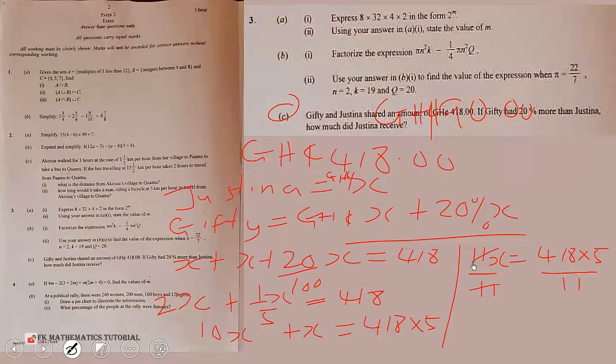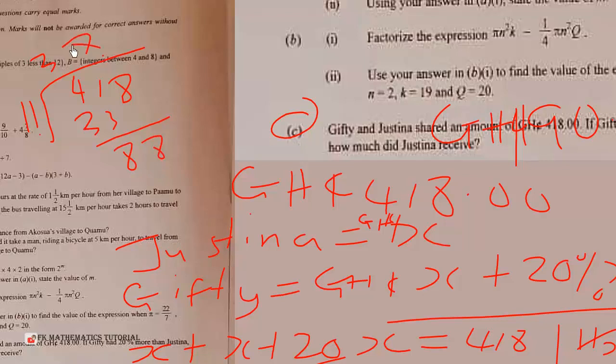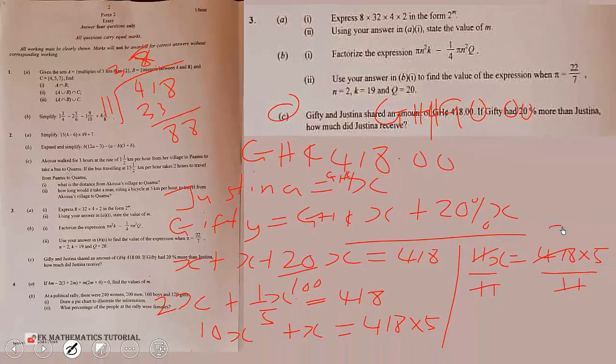Now let's quickly do some small division here. I have 418. I want to divide it by 11. So 11 will go into 41 3 times. 11 3s are 33. So I'm going to be left with 8. So bring the 8 down. 11 goes into 88 8 times. So we are going to get 38. 11 goes into 418 38 times. So it means X is equal to 38 times 5.